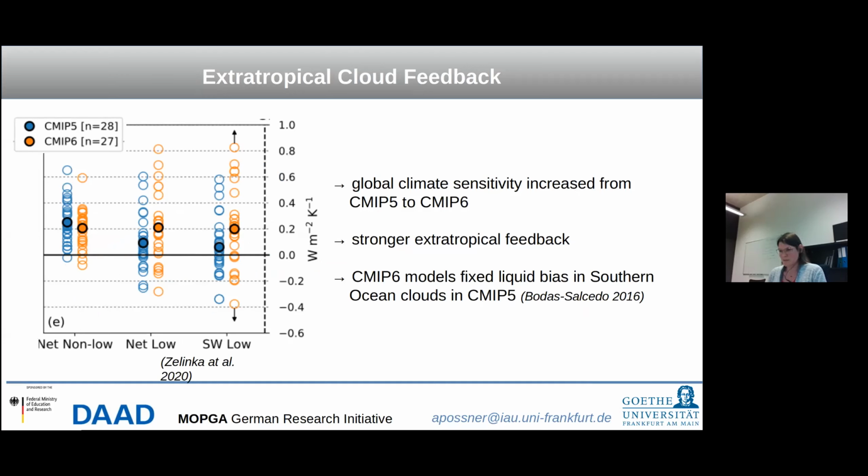This is a study published by colleagues led by Mark Zelinka, looking at the cloud feedback. So as the planet warms, it literally burns away low-level cloud and makes low-level clouds less reflective, which accelerates the amount of warming that the planet experiences.